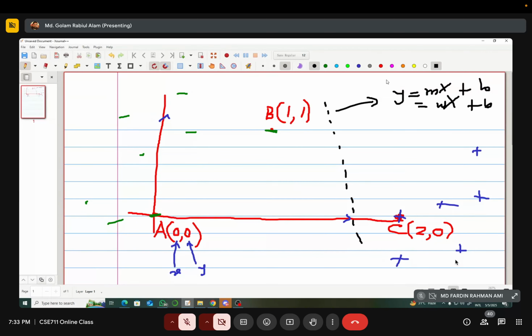So we need to find the optimal value of w and the optimal value of b, to find the optimal line, or we can say the best separator line of positive and negative data points.